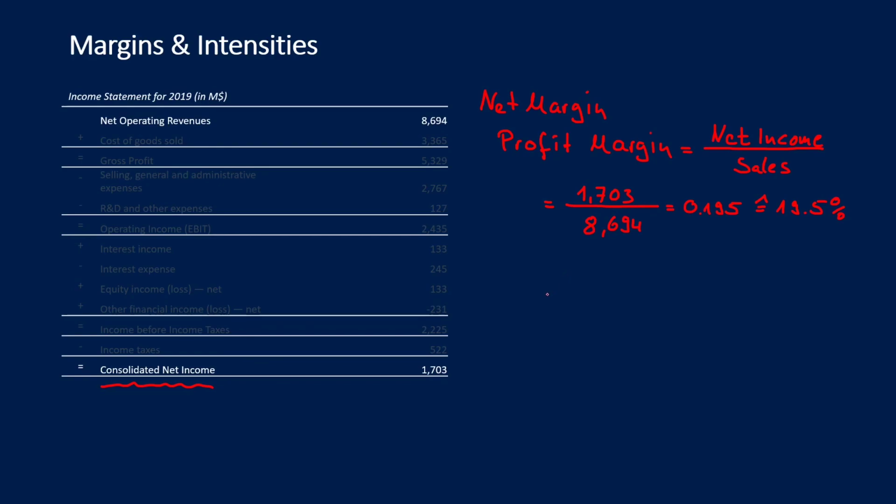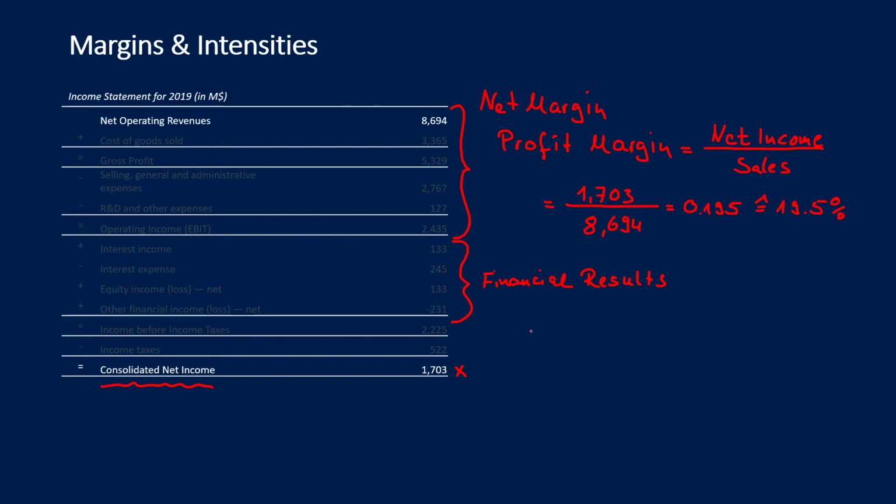So, out of each and every dollar or euro of sales, this company earns some 19.5 cents of net income. But attention, this result must be taken very carefully, because the consolidated net income is not only due to the operating business that we see here, which ends with the operating income, but we also see the financial results here. And the financial results can be positive, they can be negative.